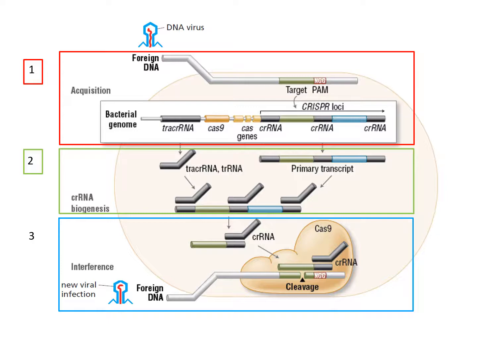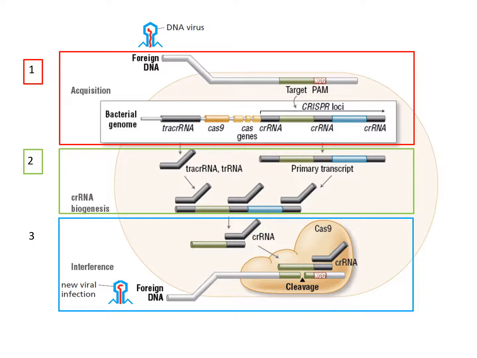And this is a first step towards what we call processing of our CRISPR RNA. But here in part 2, for the moment, we're referring to this as crRNA biogenesis. Why? Well, because primarily we're at the transcription step where the double-stranded DNA is being transcribed into RNA and where the tracrRNA is coming together with the repeats.